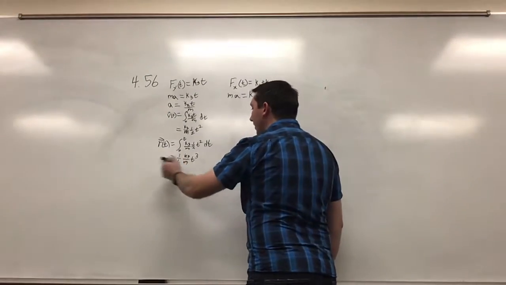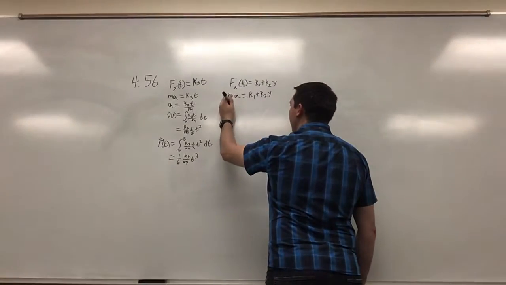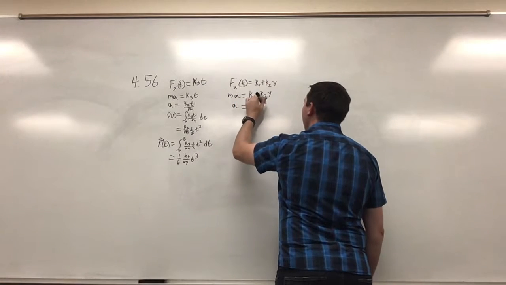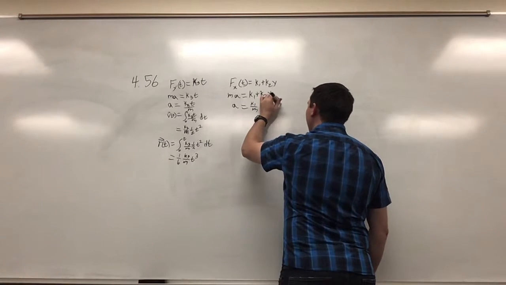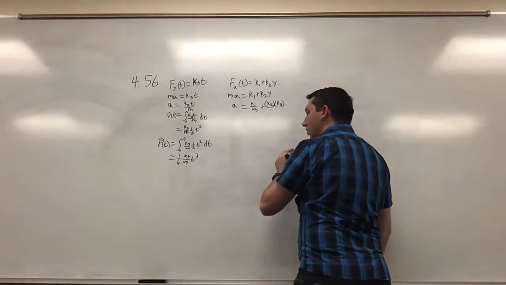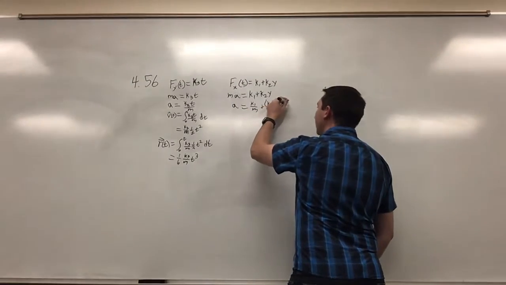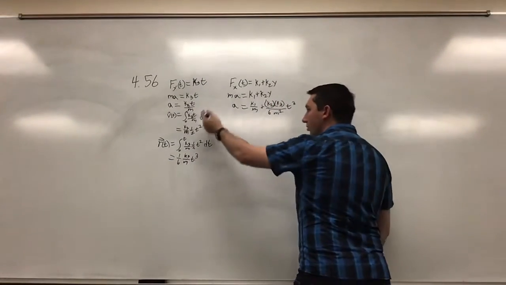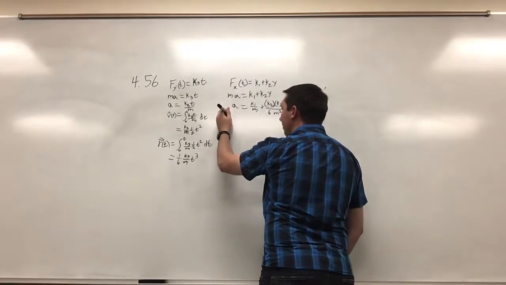We can then take this and substitute it for y in this equation. So the acceleration is equal to k1 divided by the mass plus k2 times k3 divided by 6 times the mass squared times t to the third. We can then go through the same process over here with this equation to find its velocity components.